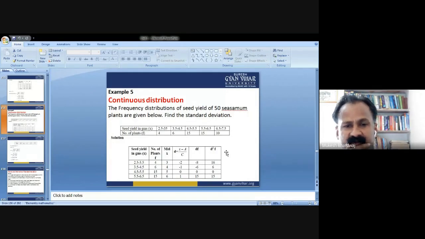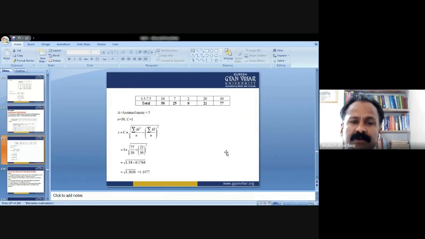So according to the formula, we want to put certain values. I'm showing the formula to you. First, standard deviation is given as C into square root of summation f frequency into d square upon n minus summation fd by n whole square.